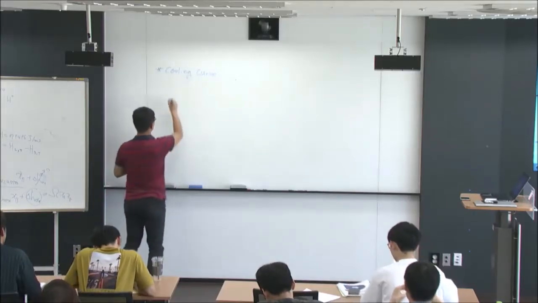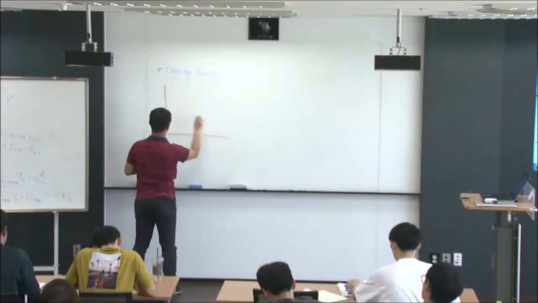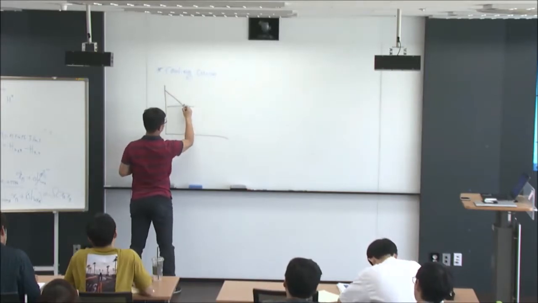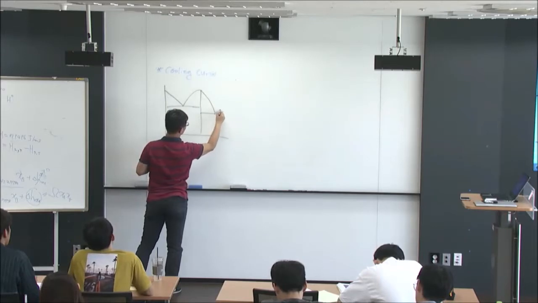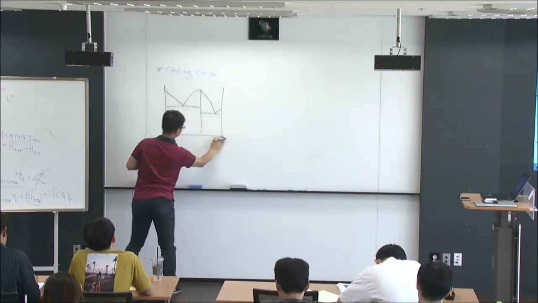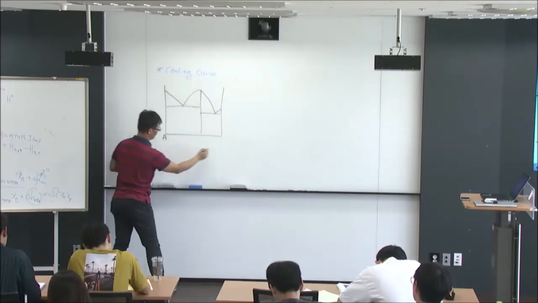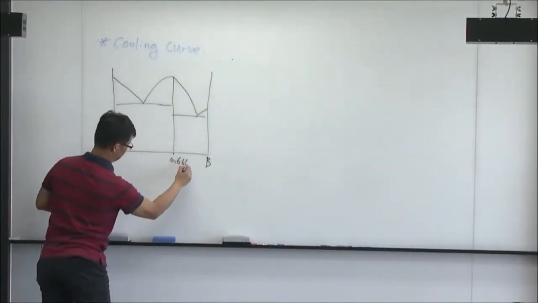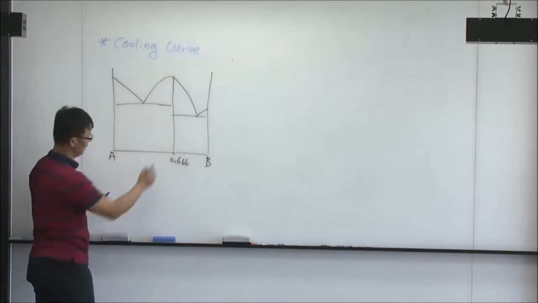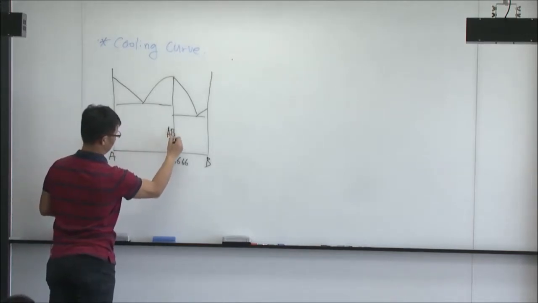Let's look at a diagram like this. This is A and this is B. If this composition is 0.666, this compound should be AB2.